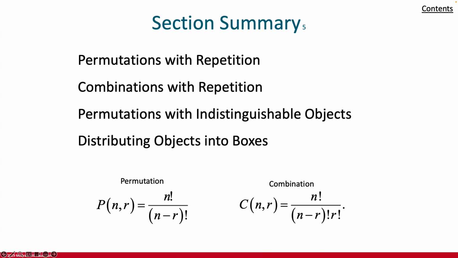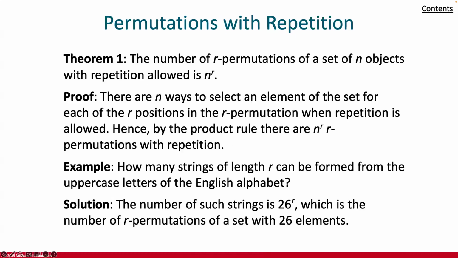Taken together, the methods described earlier in this chapter and the methods introduced in this section form a useful toolbox for solving a wide range of counting problems. When the additional methods described in chapter 8 are added, so that's going to come later, to the arsenal, we will be able to solve a large percentage of the counting problems that arise in a wide range of areas of study.